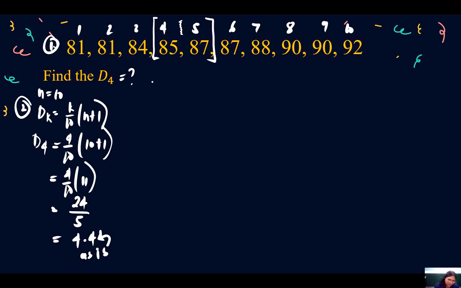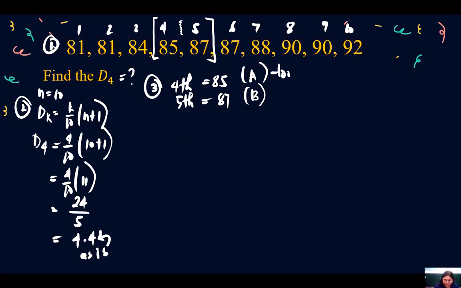Okay? Third step. Si fourth position, lagyan mo natin to. Si fourth position, ayan si 85. Si fifth position, ayan si 87. So, therefore, the highest is the 87 and the lowest is the 85. Okay, now, what is our formula for the exact location, the interpolation?